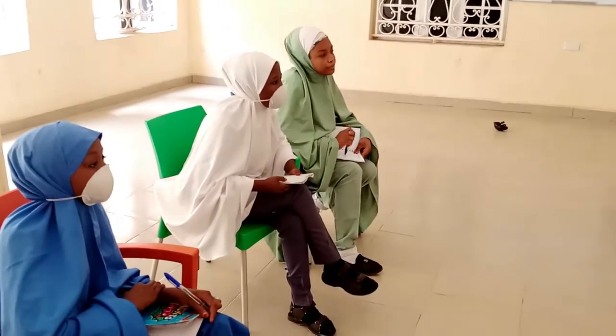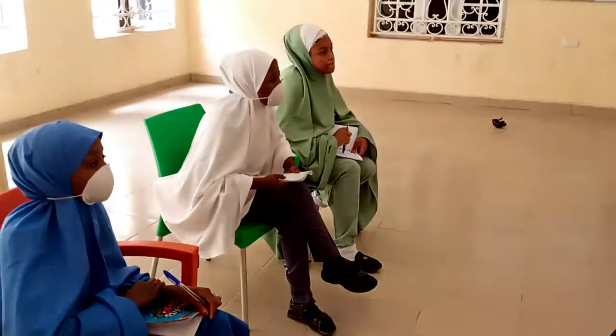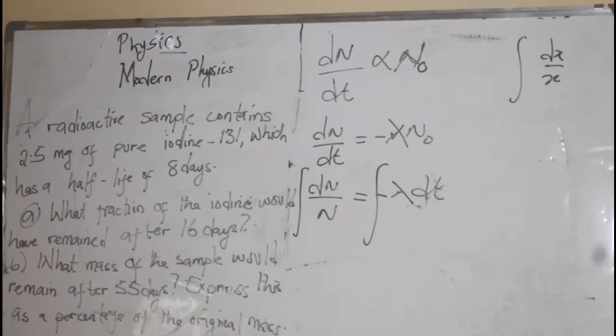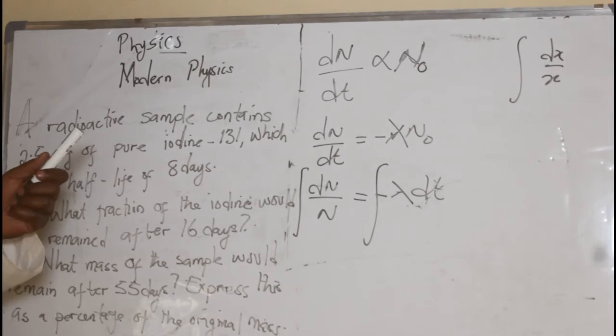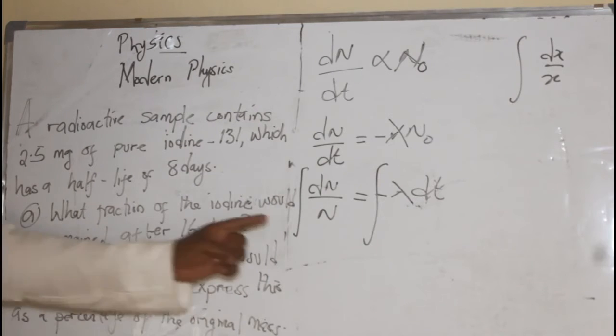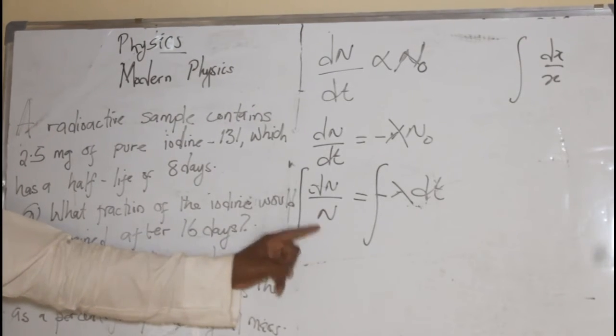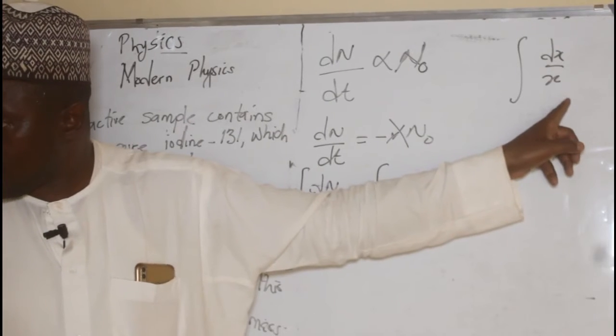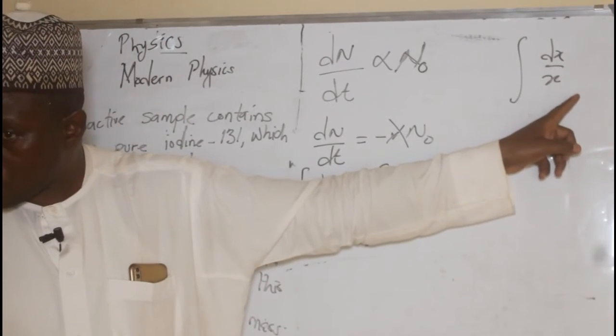You just did calculus. Have you forgotten your calculus? What is the integral? Here I'm having dn over n, which is similar to dx over x. And I believe you came across something like this.